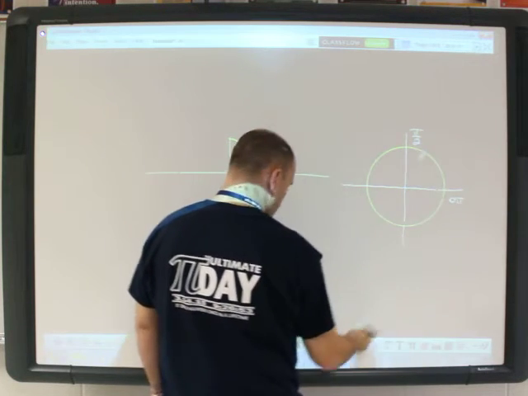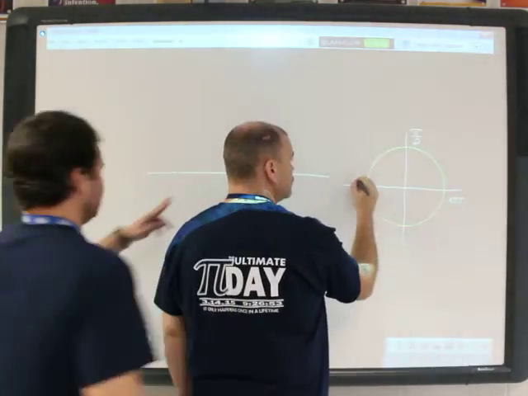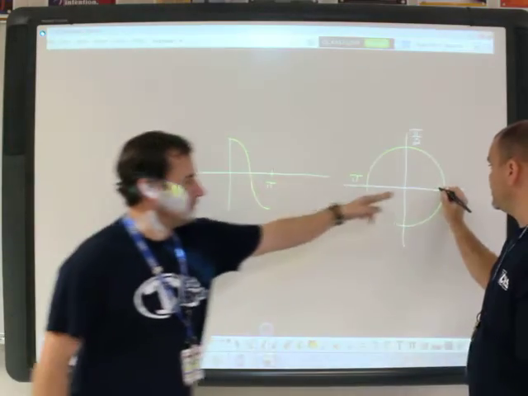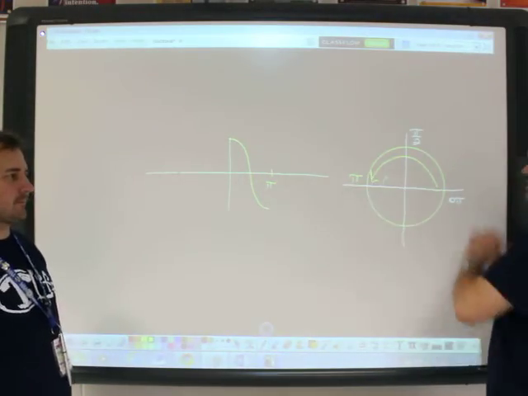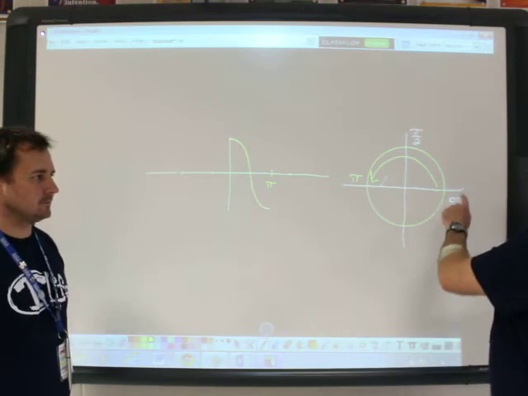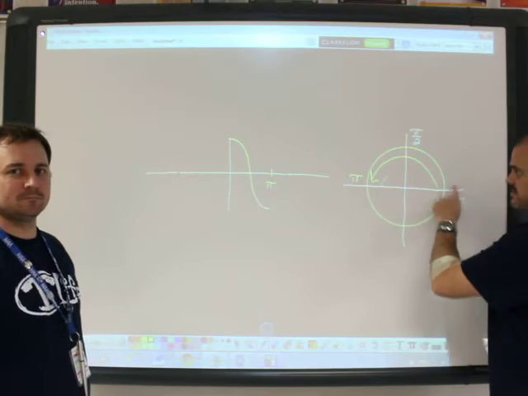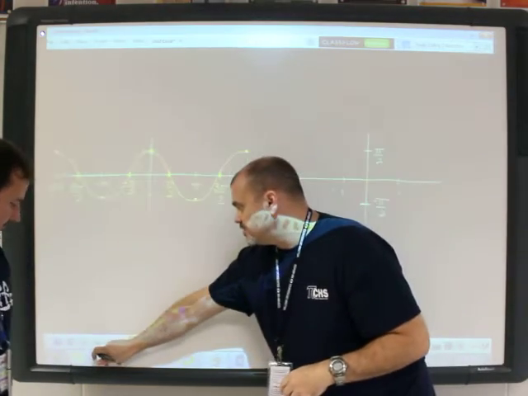The inverse cosine function plays from 0 to pi. So, inverse cosine is 0 to pi, not negative pi over 2 to pi over 2 like sine.